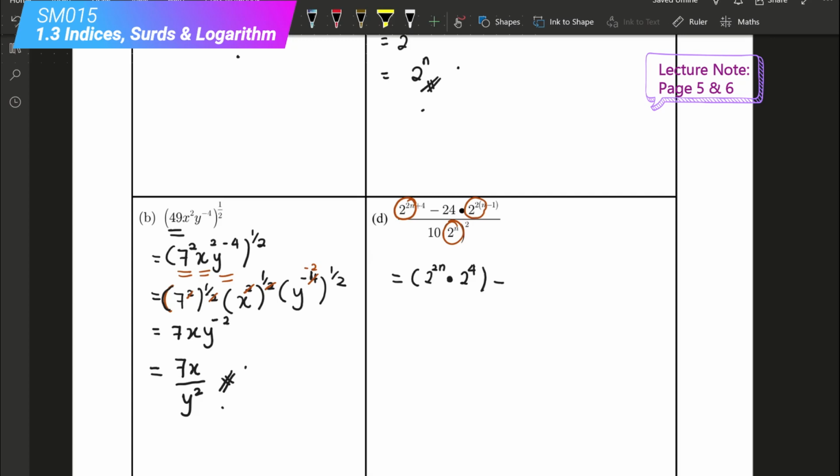Then 2 to the power of 2n minus 2 to the power of 2, right? Divided by 10, 2 to the power of 2n.